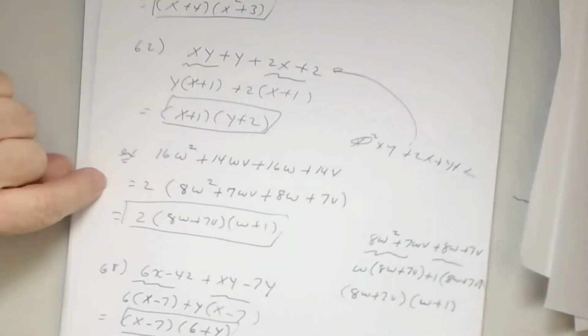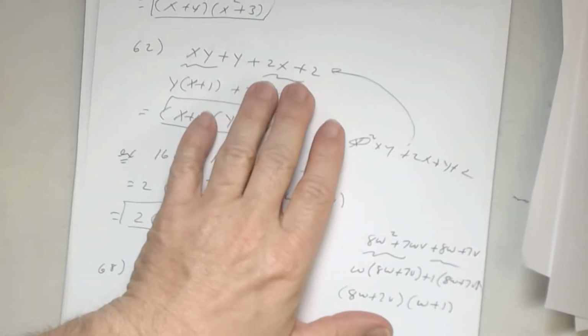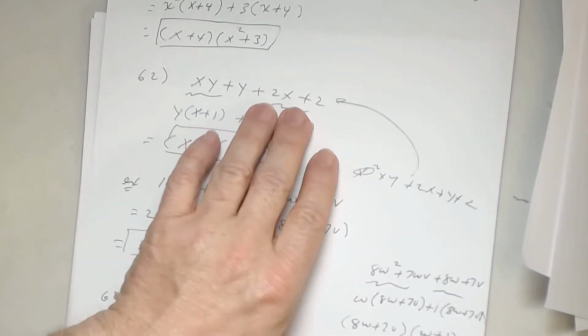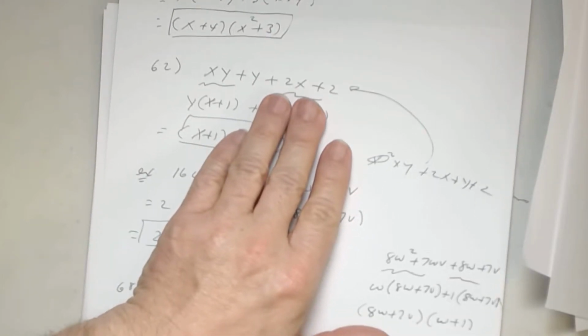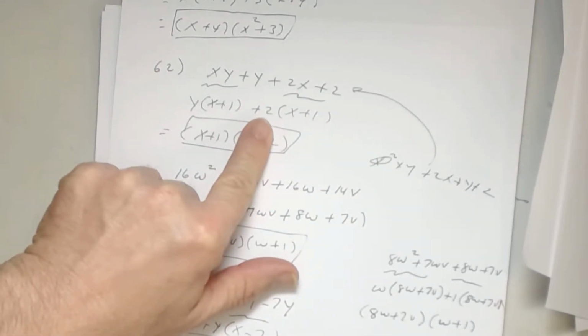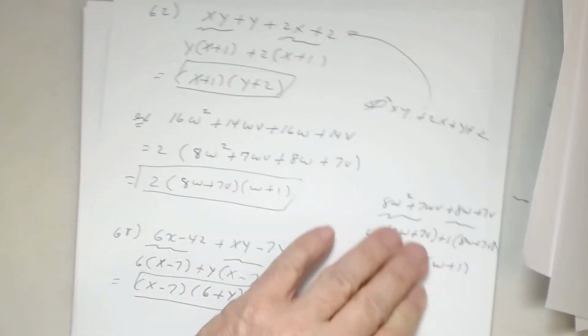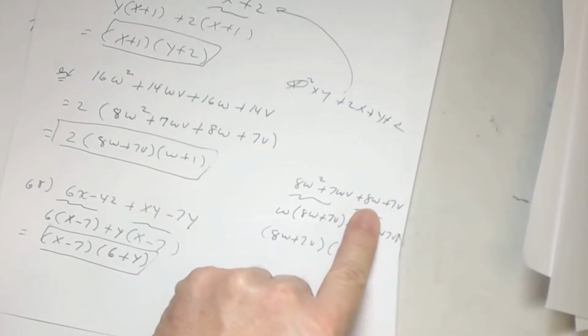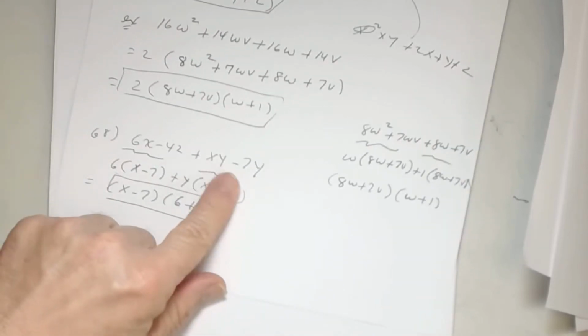Okay. Now, when we did the others, and look at the others, in the second group, what was the GCF here that I'm pointing to? 2, right? And so I wrote it as plus 2. What was the GCF here? 1. When I wrote it as what? Plus 1. What's your GCF here?